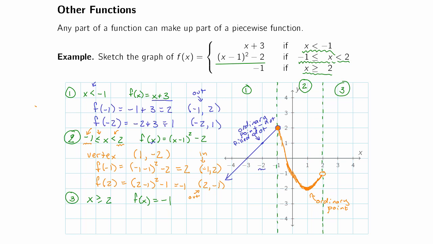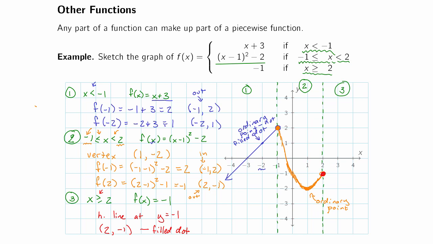Third piece. My third piece is a constant. This is going to be a horizontal line at y equals negative 1. Constant functions, their graphs are always horizontal lines. And at the boundary, at x equals 2, I'll have the point 2, negative 1. What kind of dot does that get? Well, x is allowed to equal 2, so I'll have a filled dot there. 2, negative 1.